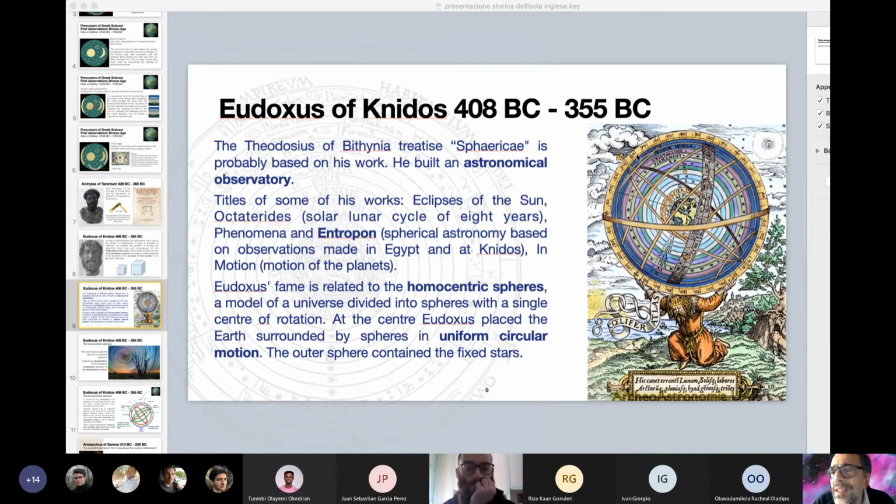You can see here the symbols of constellations. Okay, and then all the other planets or stars in motion, their motion was considered as a composition of uniform circular motions.